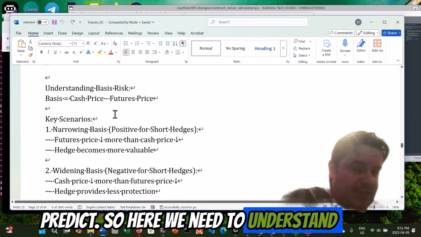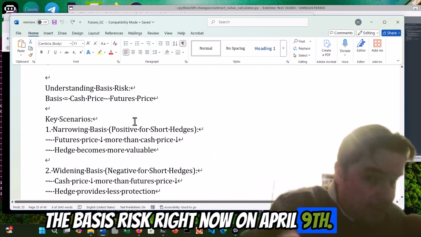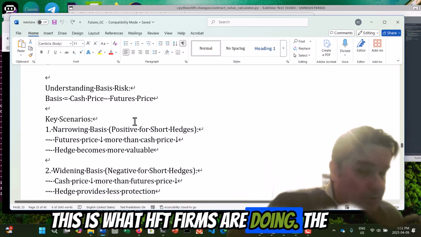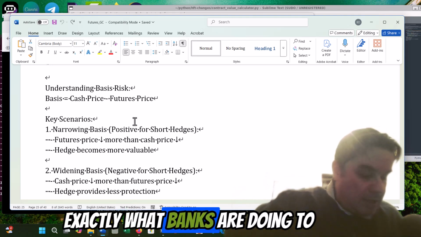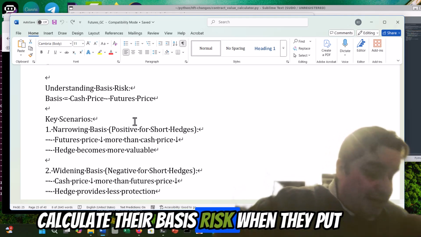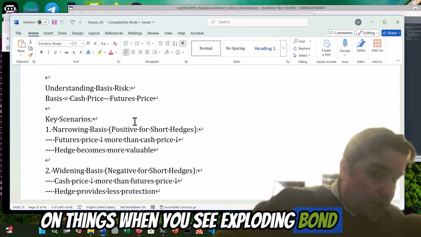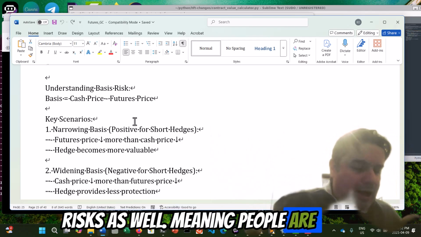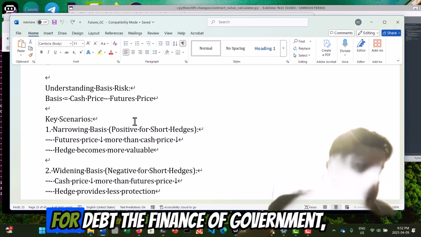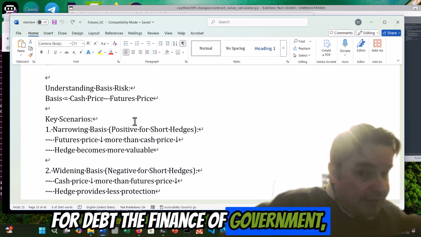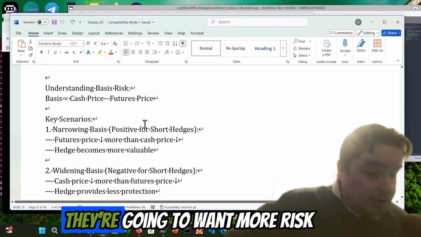So here we need to understand the basis risk right now, being April 9th. This is what HFT firms are doing. This is what the hedge funds are doing. This is what the governments are doing. And this is exactly what banks are doing to calculate their basis risk when you see exploding bond risks as well, meaning people are buying up, let's say, U.S. Treasury for debt to finance the government, and they have a spike in bond returns.